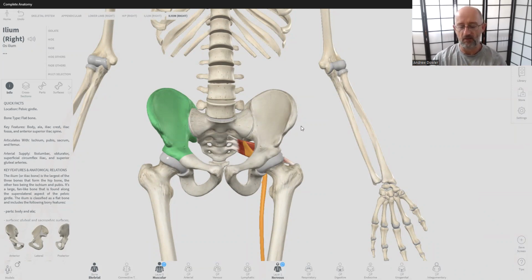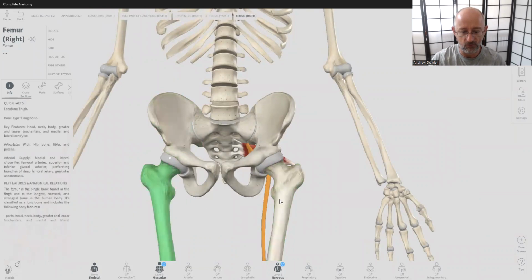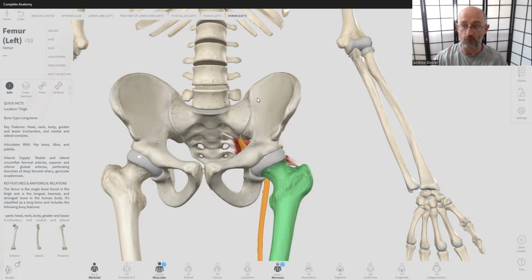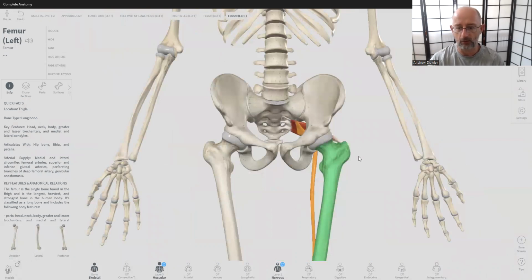So this is one of the pieces that makes movement quite complicated, because you also have your two legs, your two limbs, two femurs, which sit within the pelvis. So when you move your femurs or your legs, it's going to have an implication or a movement on the pelvis as well. So it all moves up and down the kinetic chain. So when you hear people talking about lower back problems originating through the knee or the hip, or an ankle problem, or knee problems coming from your hips, that's what we're talking about.